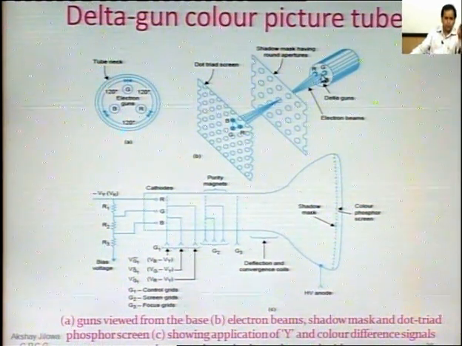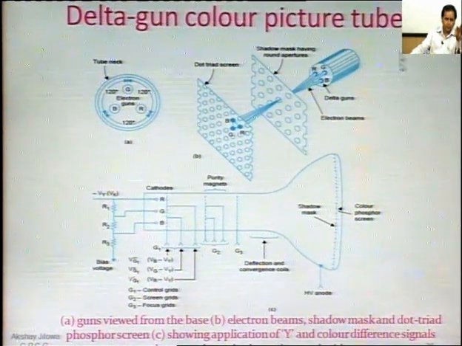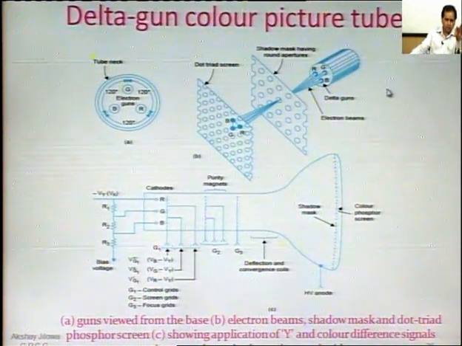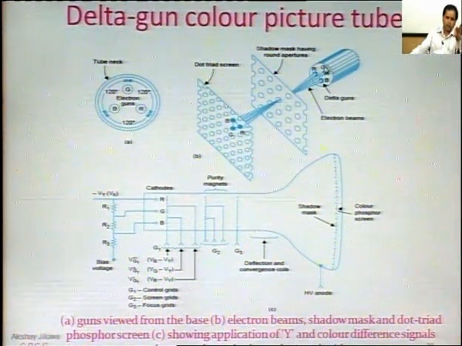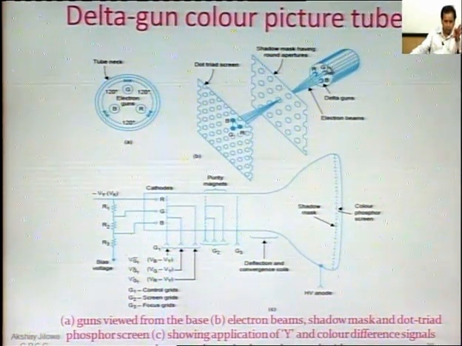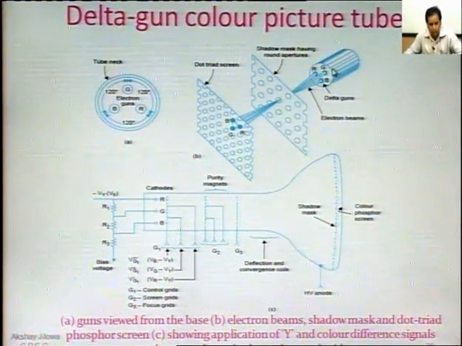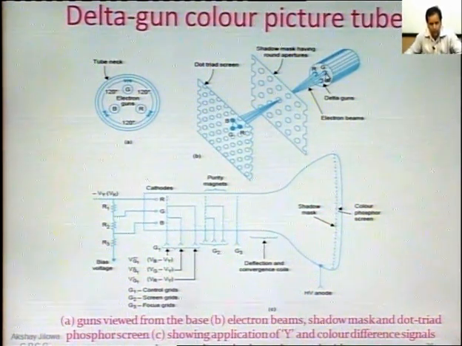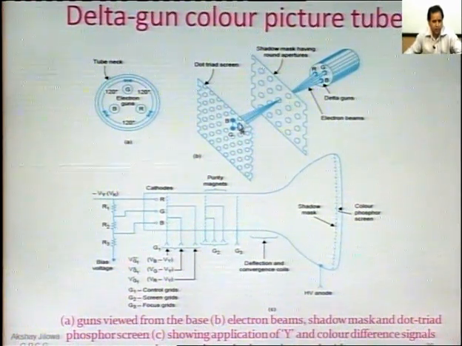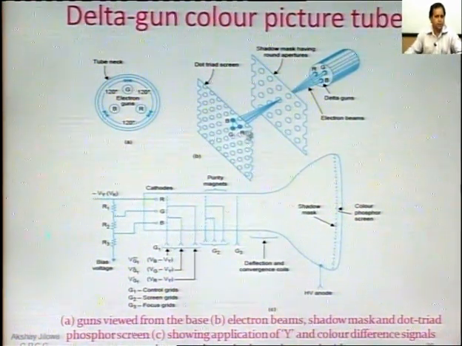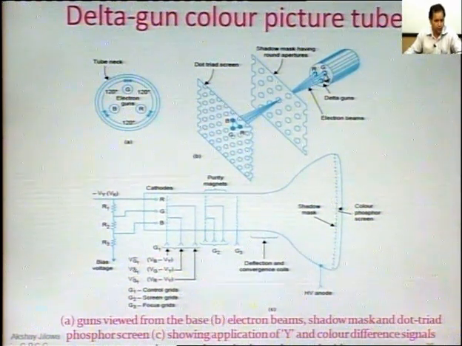In the delta gun picture tube, the three color signals, green, red and blue, are given to the respective electron guns, and from here electrons are emitted. Those emitted electrons strike the respective phosphorus coating. Suppose this is green.